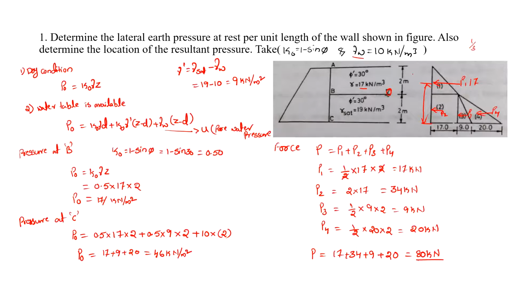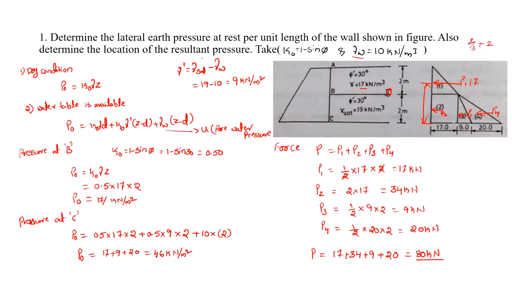Here the height is 2 meters, so 2 by 3, with that we get the distance. Then we have to add 2. So 2 by 3 plus 2 gives the moment from P1. So 17 into 2 by 3 plus 2. This is the moment from P1, and then from P2.